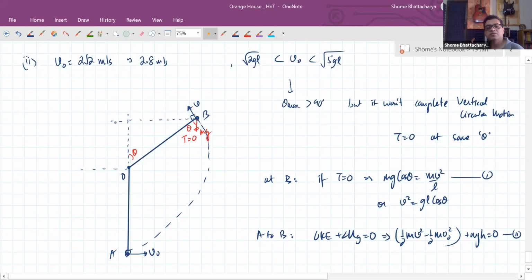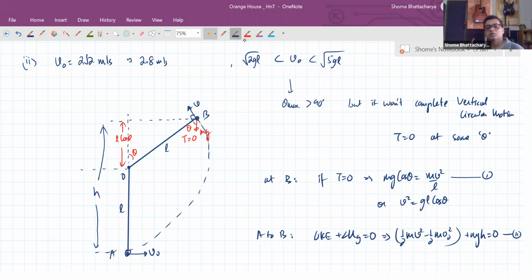So here the height we're talking about is this total height. So it is L plus L cos theta. So that gives us the second equation here.